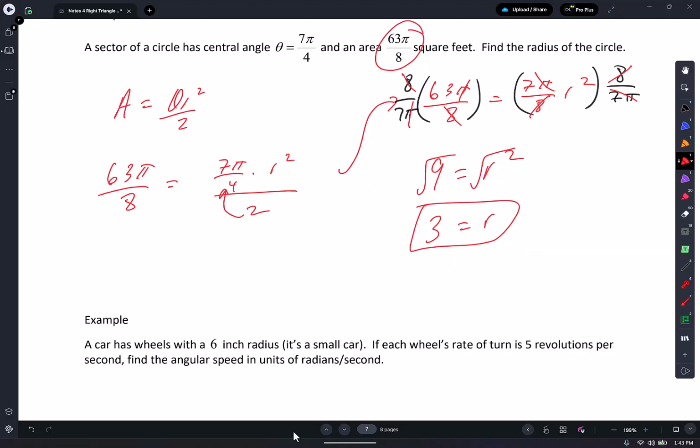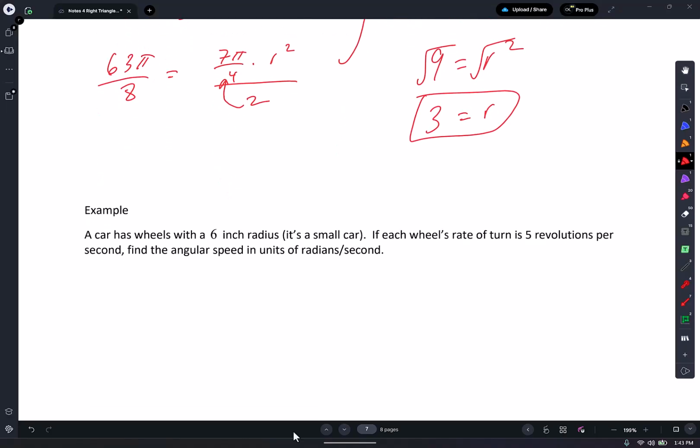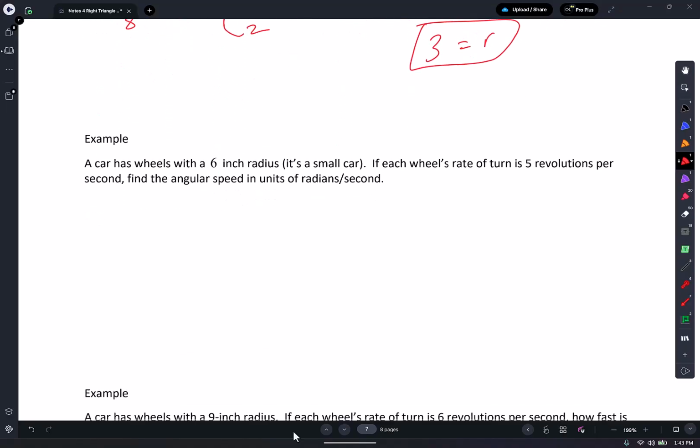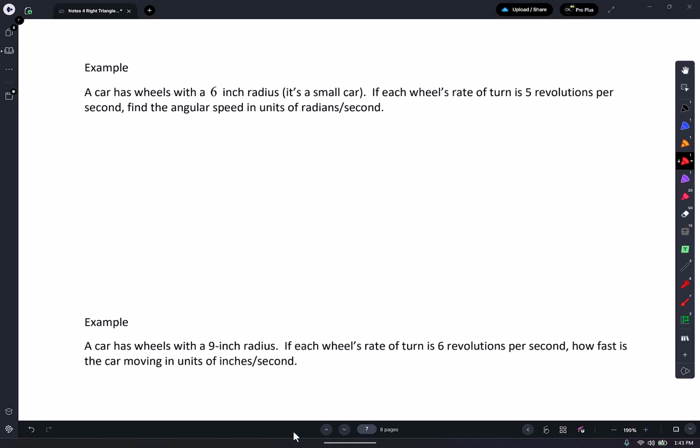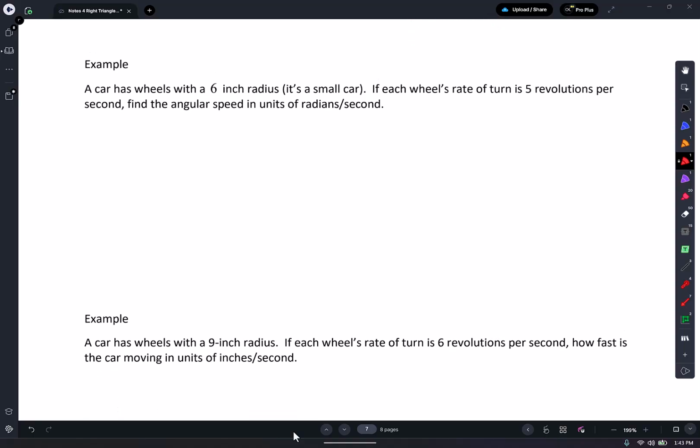Yeah. Okay. Last 2. I think this is the last 2. A car has wheels with a 6-inch radius. It's a small car, probably like a golf cart. If each wheel's rate of turn is 5 revolutions per second, find the angular speed in units of radians per second.